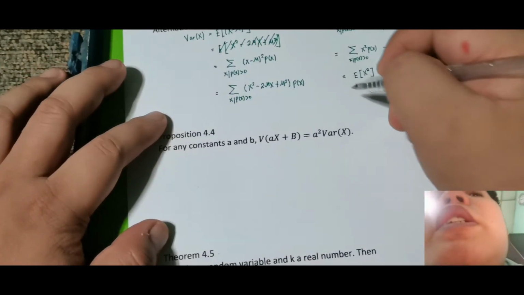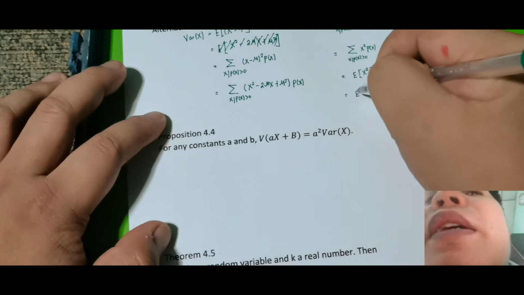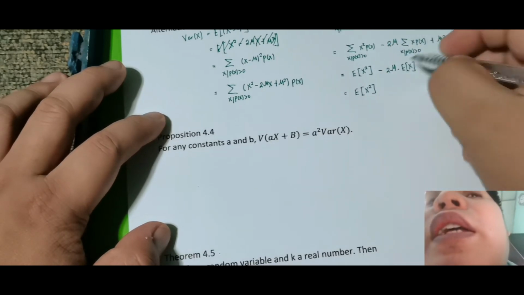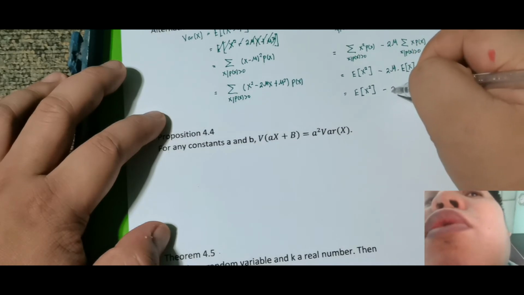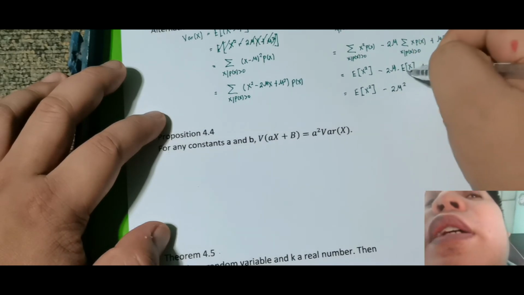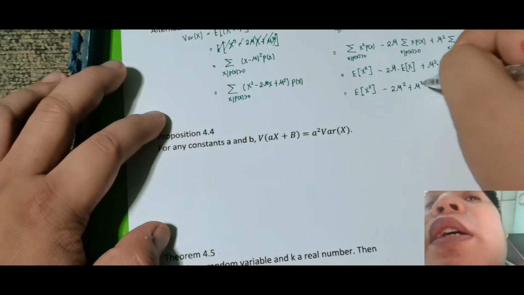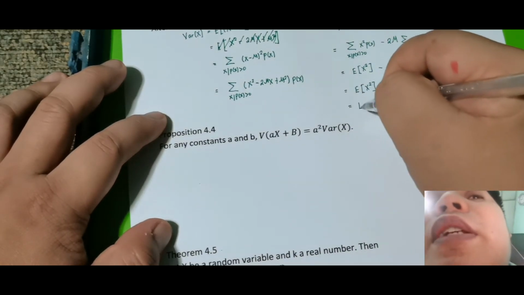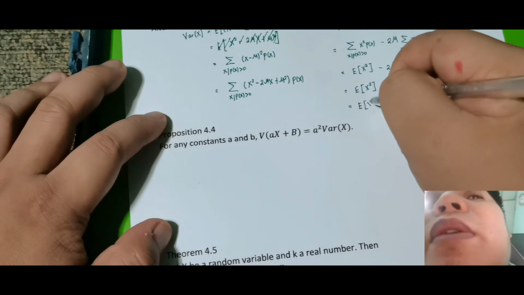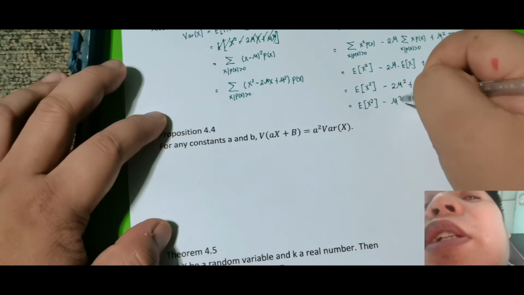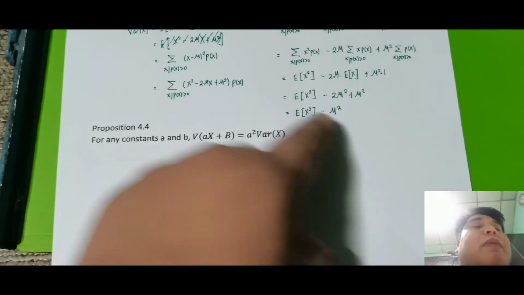Okay, note that the expected value of x is equal to mu. So meaning this is just equal to the expected value of x squared, then minus 2 mu squared, because mu times mu is mu squared, then plus mu squared. Okay, so therefore, this is just equal to the expected value, or second moment, of x, minus mu squared. Then bring back the expected value.